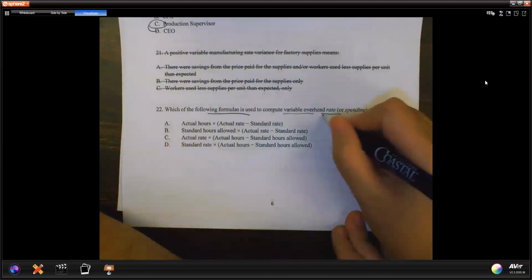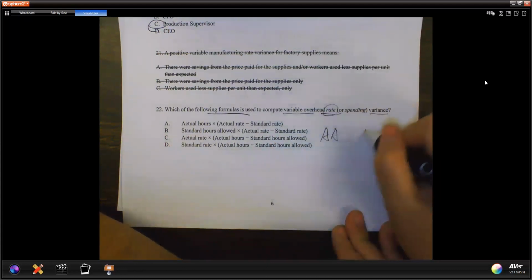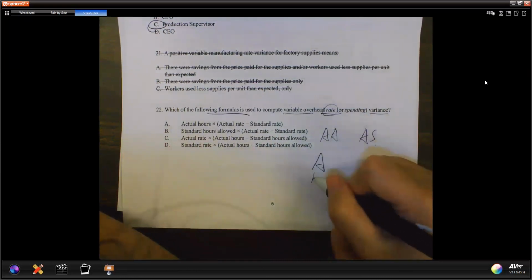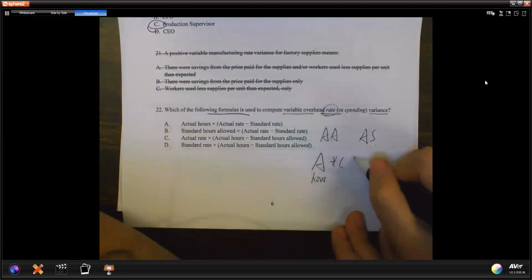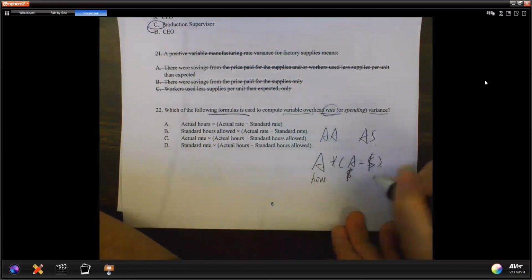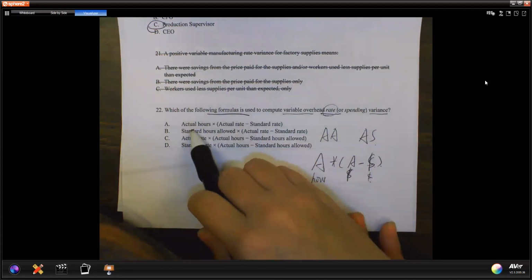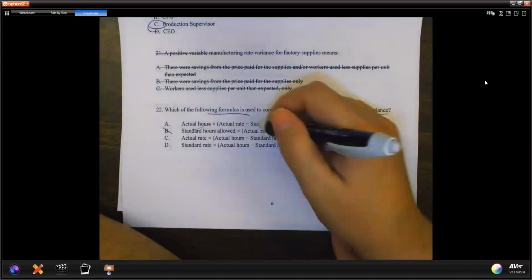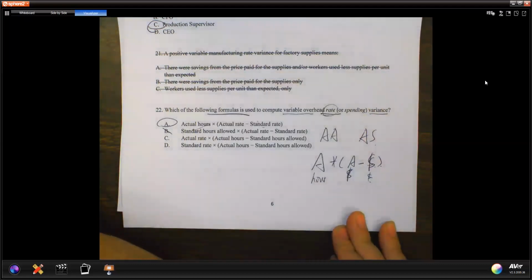So rate is price, so it's AA and AS. Actual, so will be actual hour times the actual price minus standard price. So it will be actual hour, actual rate standard. Did you get answer A?